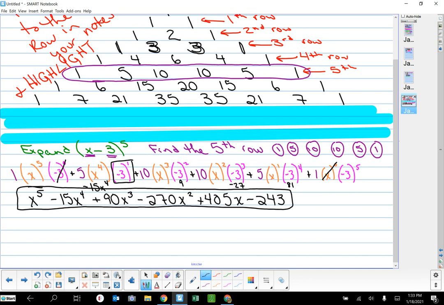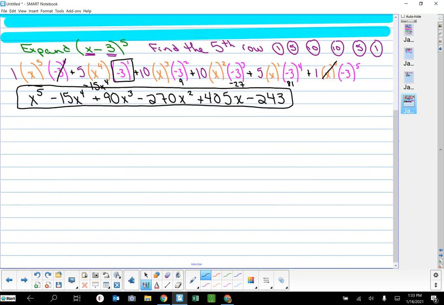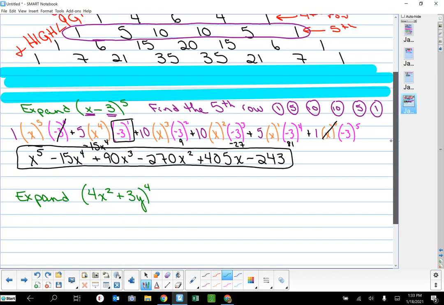So we'll do another one. I'm going to go down the page here a little bit, and I'll try to keep the same idea. Expand. Now this one's a little bit different because it's got a 4x squared plus 3y to the 4th. So we want the 4th row of coefficients.